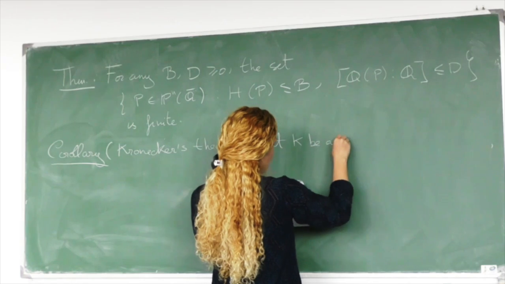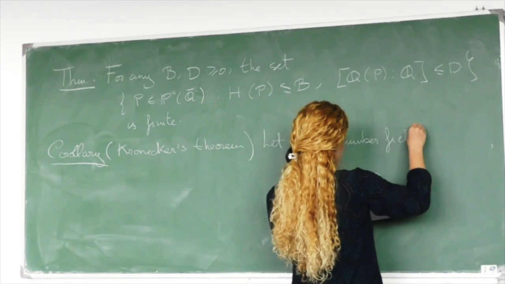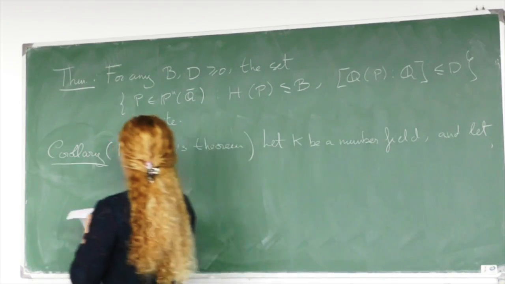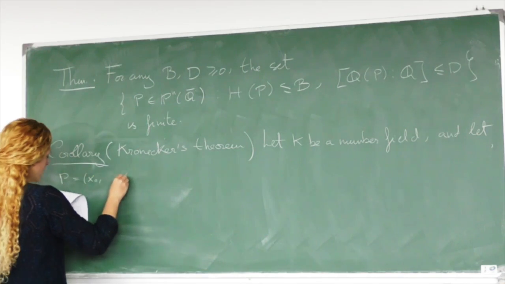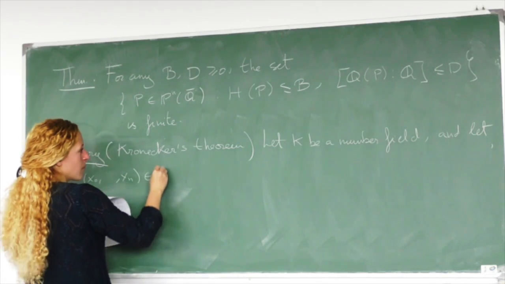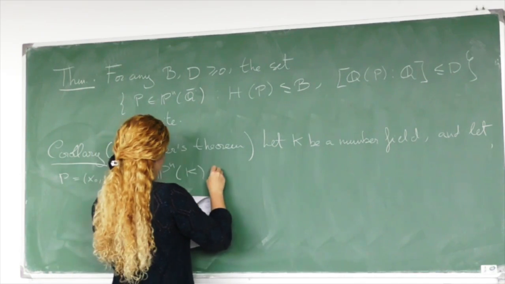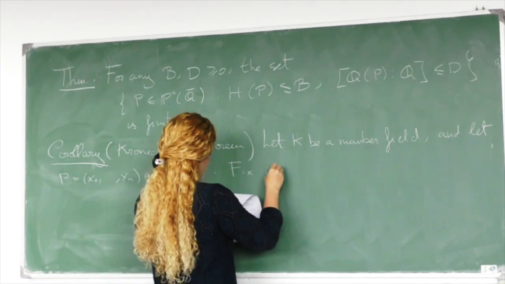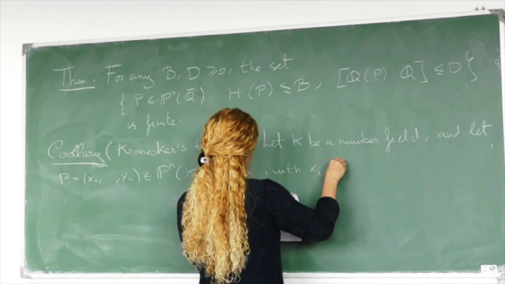Let K be a number field and let P be a point in the projective space with coordinates in K. So fix a coordinate i such that it is different from 0.